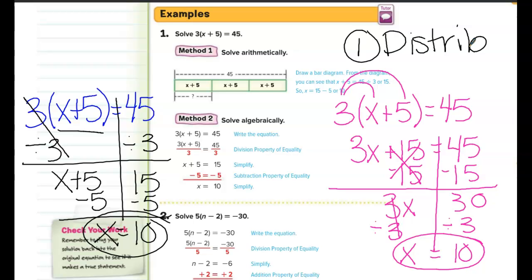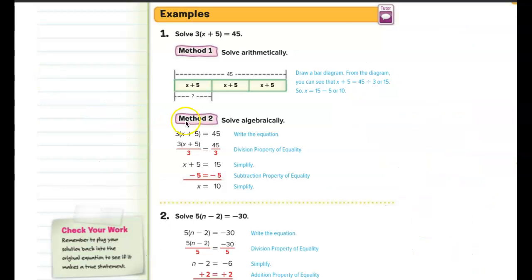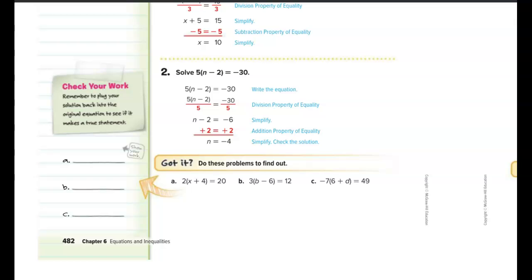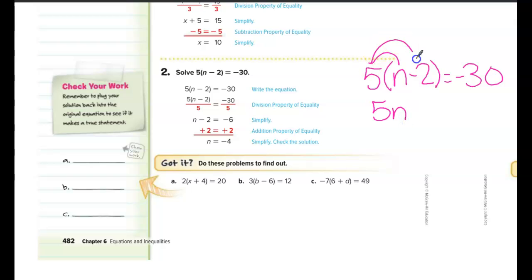Okay, let's see another example. All right, so number 2, I'm going to show it the distributive way again first. So I have 5 parentheses n minus 2 equals negative 30. I'm going to distribute my 5, so 5 times n is 5n. 5 times negative 2 is negative 10 equals negative 30.